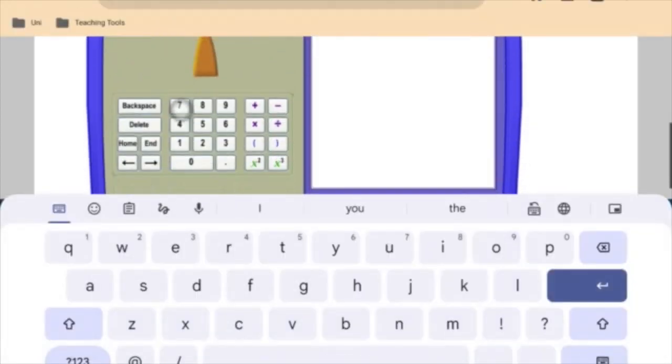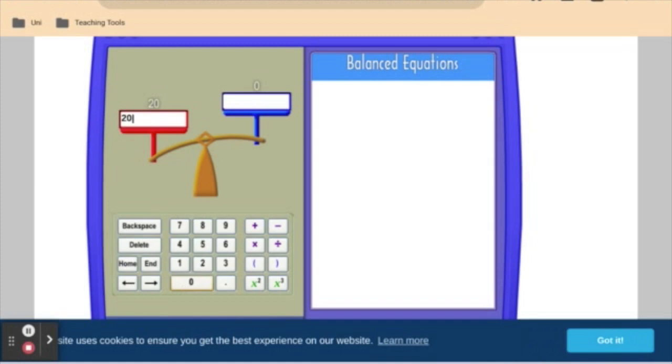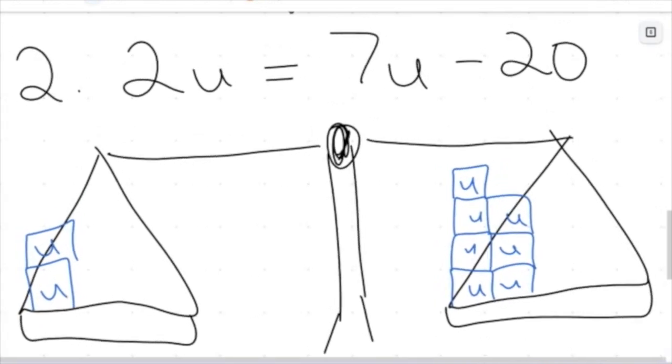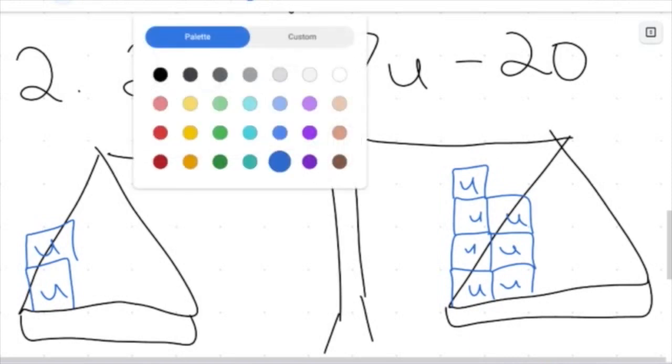On my left hand side, if I put 20 here, notice my scale is at the same position as it was before. It's favored in the left hand side. So because this is -20, that would be the same as just drawing 20 marbles here.